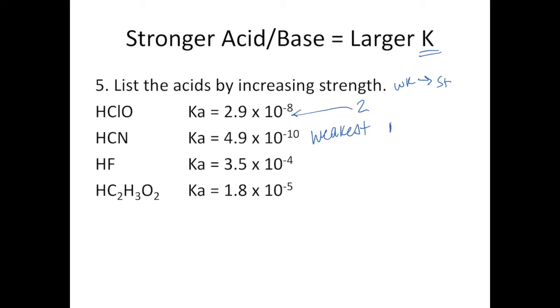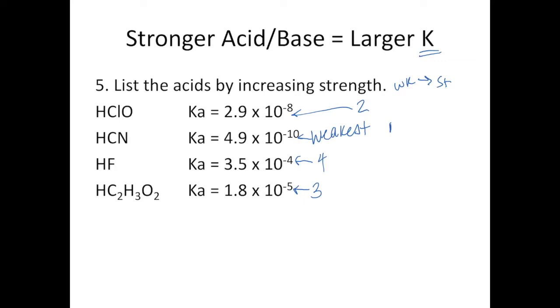So he's 1. Then that guy. Next, 3 is acetic, and 4 is hydrofluoric. Hydrofluoric is the only halogen that makes a weak acid and not a strong acid. However, HF can eat through glass, so it needs to be stored in special containers.